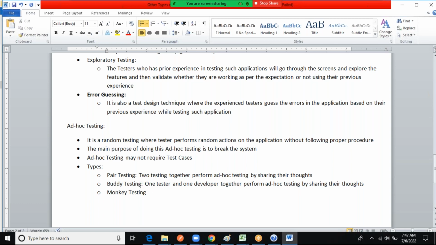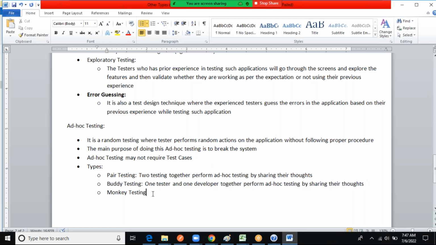The developer is the one who wrote the code and defined different conditions in the code, right? As per the requirement, he can suggest, can you do something like this against my code, and we will see how it responds. Like that, he may also help you by giving such cases while doing this ad hoc testing. So this is another way of doing ad hoc testing.